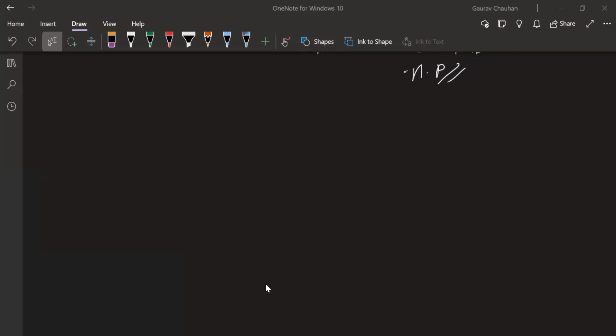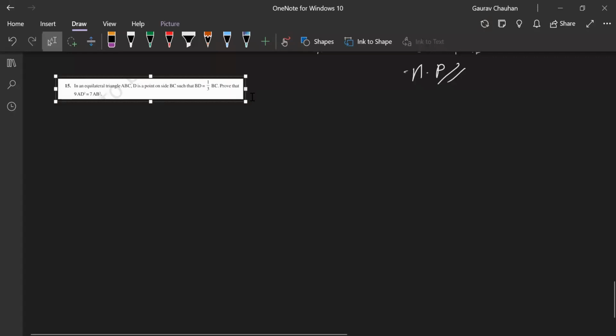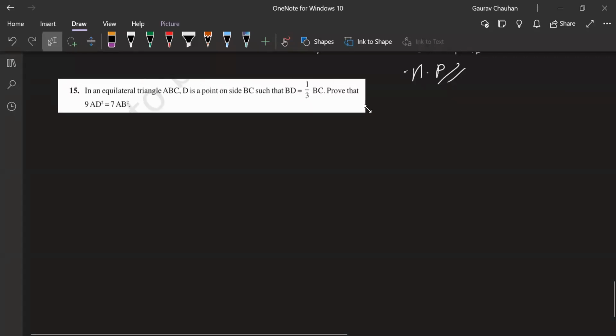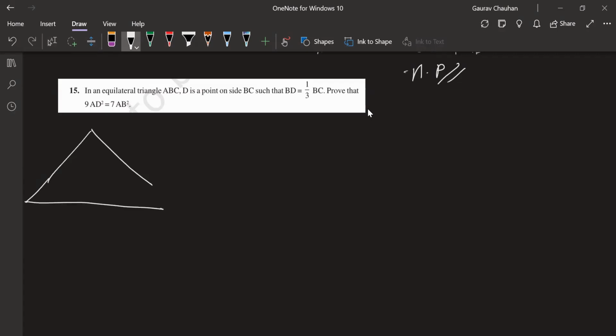In equilateral triangle ABC, D is a point on BC such that... Anyone who has done the 15th one, would you like to do it with me? Equilateral triangle means we know 60 degrees and all of that. ABC.